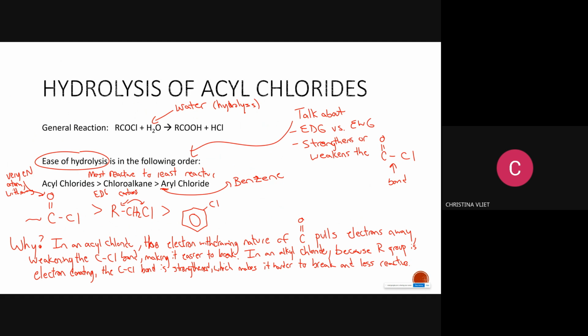The chlorine itself is actually an electron donating group, and its electrons get donated into the ring, which strengthens the ring, which means that this is extremely unreactive.